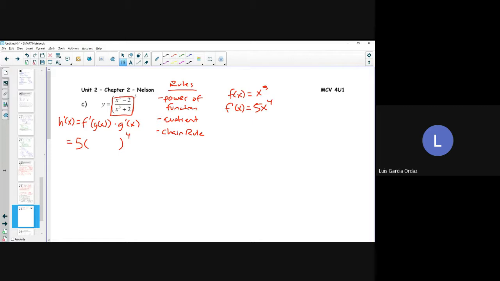So I have (x to the 3 minus 2) over (x to the 3 plus 2) multiplied by the derivative of g of x, which is just the quotient rule. So I need the derivative of the top times the bottom, minus the top times the derivative of the bottom. What is the derivative of x cubed minus 2?